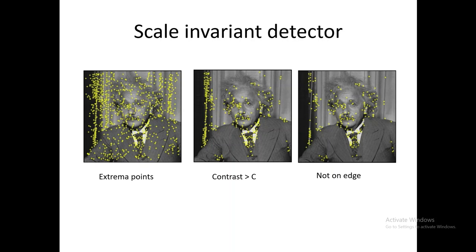Using this matrix, we can check if a point is a corner or not, or if it's an edge, or it's just a flat region, which we have done in the Harris corner detector, where only corners were selected as key points. Here are the images with the extrema points, and these are the only key points that don't include any kind of edges. So this is the image with extrema points without edges.